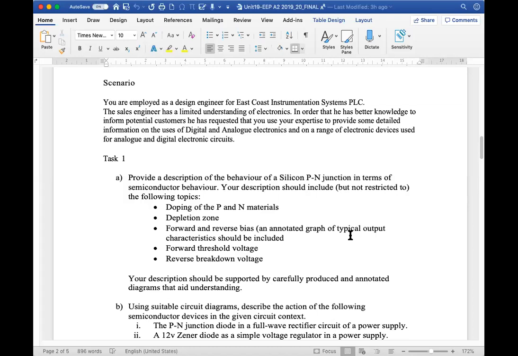But in those, so in part C, you are being asked to talk about semiconductor theory in terms of the bipolar junction transistor, depletion, and the enhanced mode MOSFET. So it's asking you to talk about the theory of the channels in the two MOSFETs and how the PNP or NPN part of the transistor works.